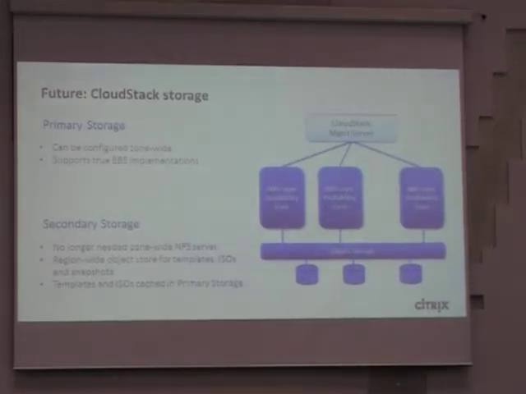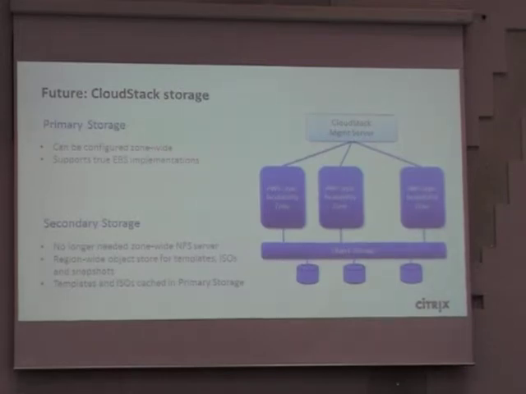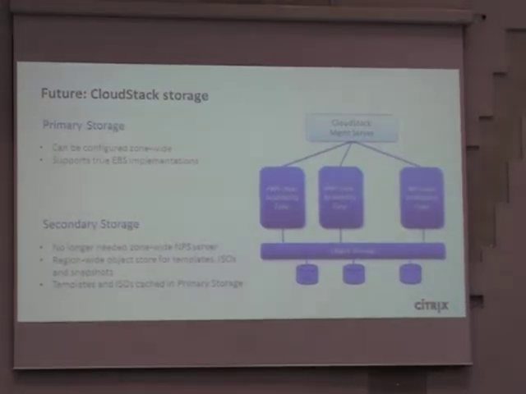Going forward, we are dropping the concept of secondary storage and moving to a true object storage system. Object stores are designed to scale much, much wider. They're designed to scale not just for the whole zone, but for the entire region.